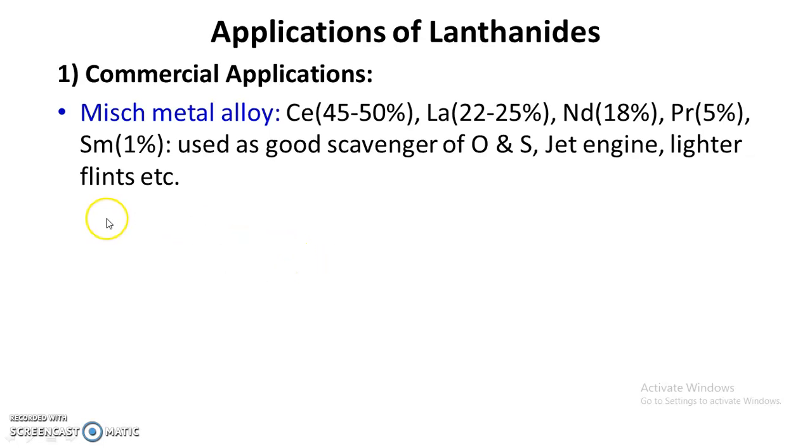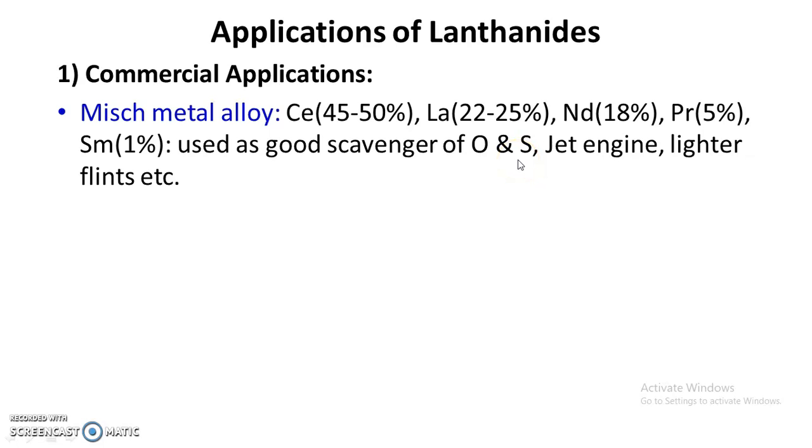One of the important metal alloys of lanthanides is the mixed metal alloy, which has a composition of cerium 45 to 50%, lanthanum 22 to 25%, neodymium 18%, praseodymium 5%, samarium 1%, and it is used as a good scavenger for oxygen and sulfur.